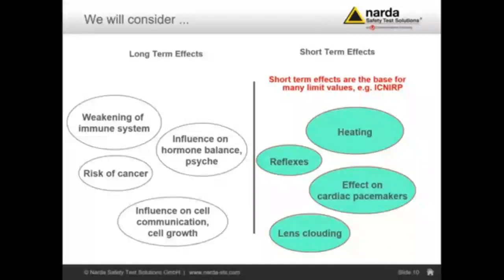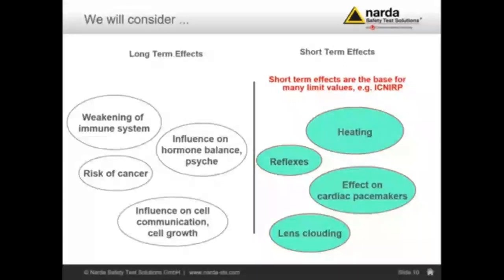WHO has now also put the radiation of electromagnetic fields of mobile phones into the risk scale, but at a very low level. If you're interested in more information about the risk, type in WHO and EMF on the WHO homepage, and there you will find a lot of information and fact sheets about the different sources of electromagnetic fields and their risk to human people.